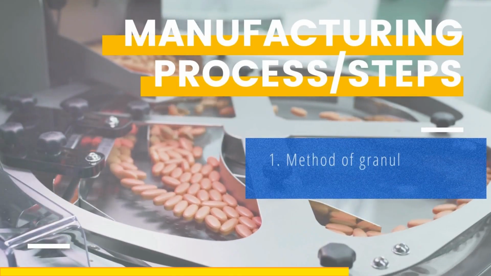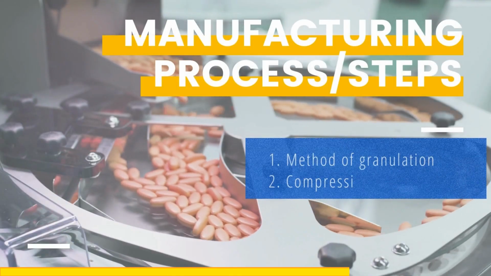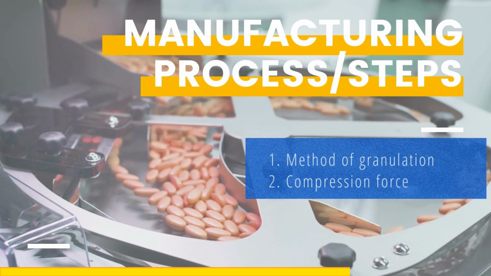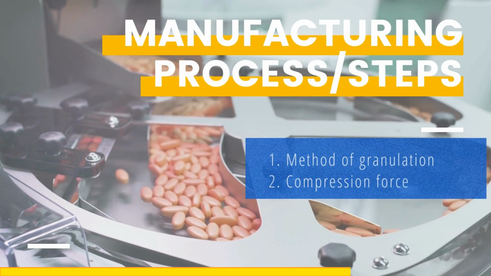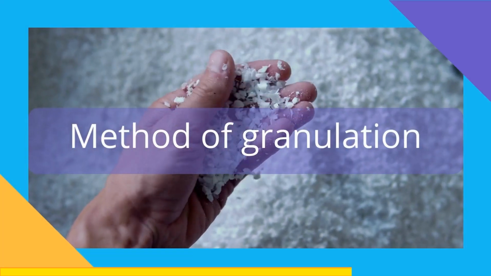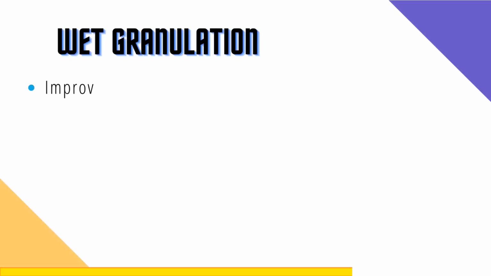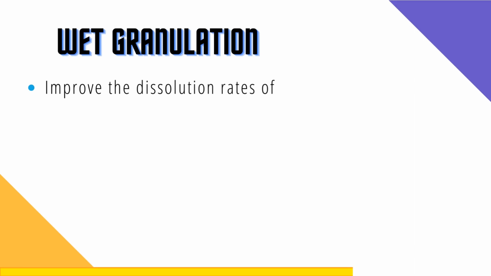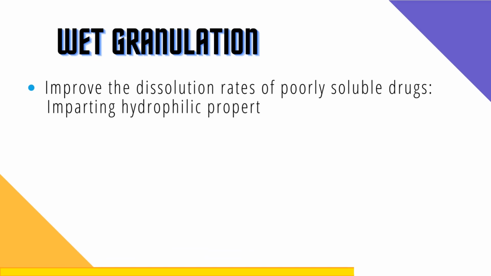Let's move on to the second factor that can influence the bioavailability or bioequivalence of a drug, which is the manufacturing process or steps. For the method of granulation, wet granulation is commonly used to improve the dissolution rates of poorly soluble drugs.